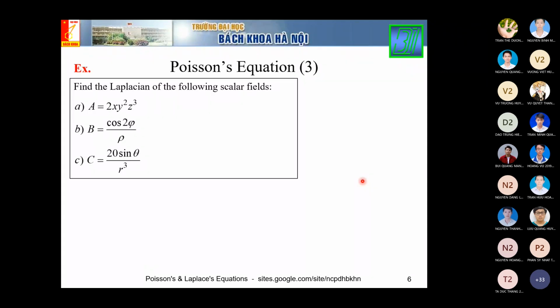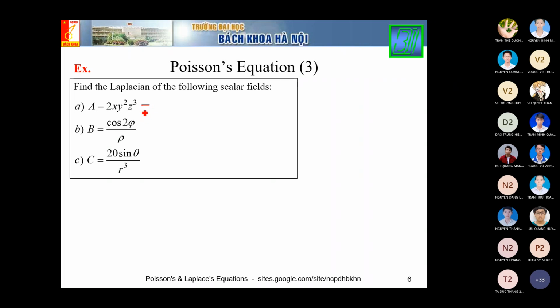So we do the first example this morning. I'm going to compute, give me 1 minute, the potential of this given field.